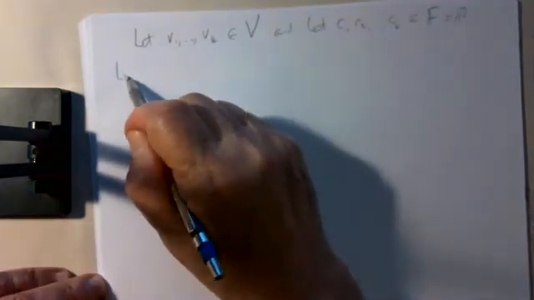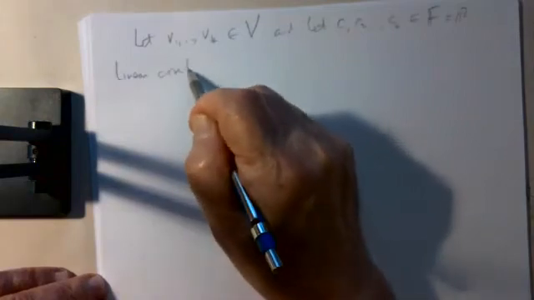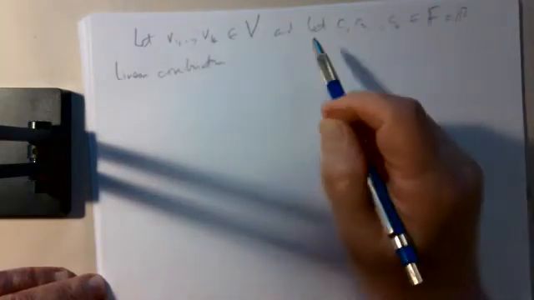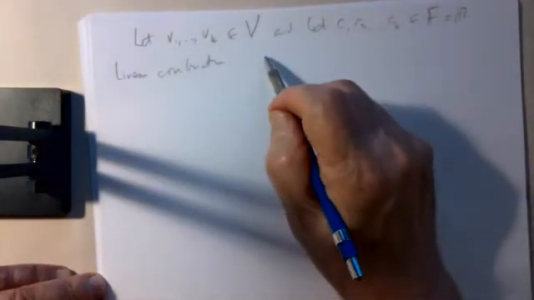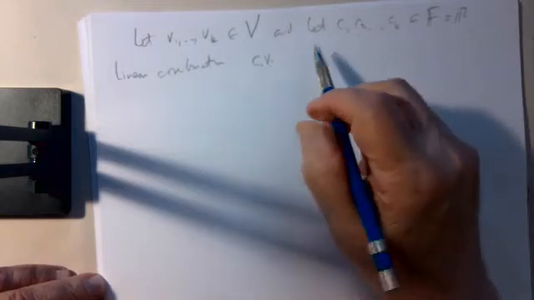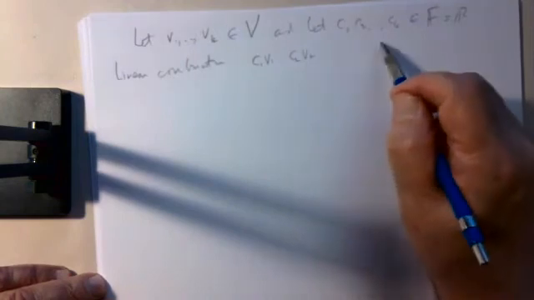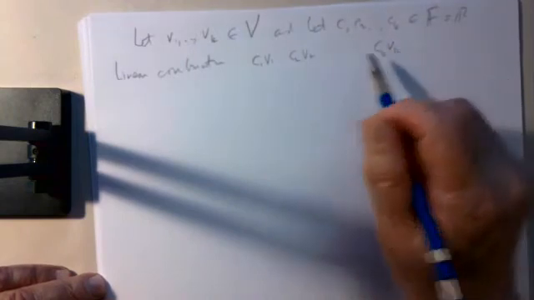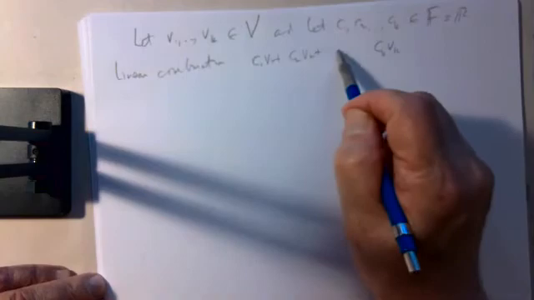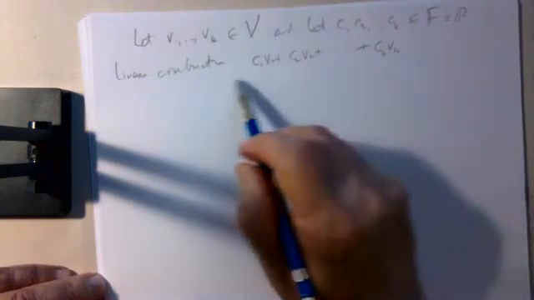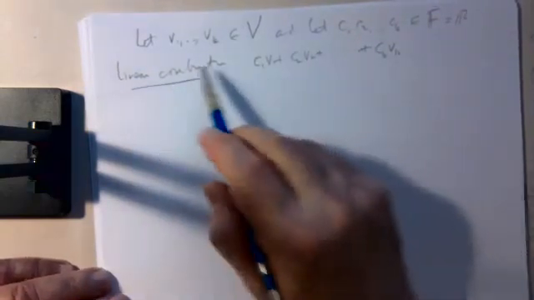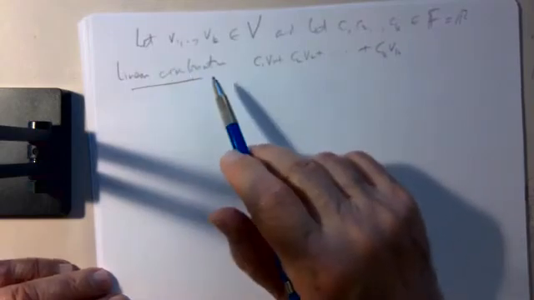Then we define a linear combination of vectors. Multiply the vector v1 by the scalar c1. Multiply the vector v2 by the scalar c2, and so forth. Multiply the vector vk by the scalar ck, and add them all up. This is a linear combination of the vectors v1 up to vk.